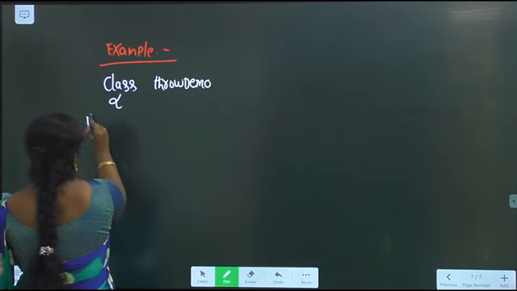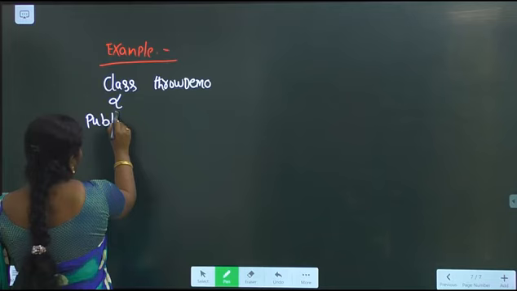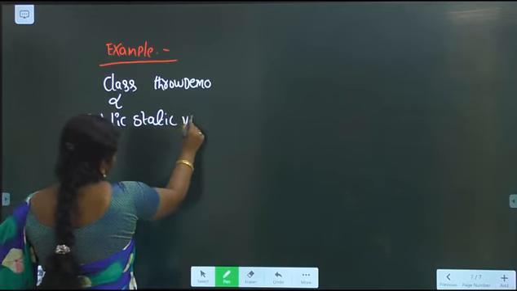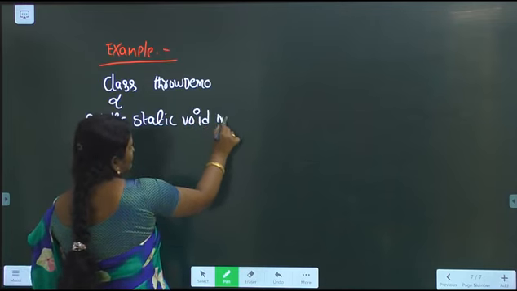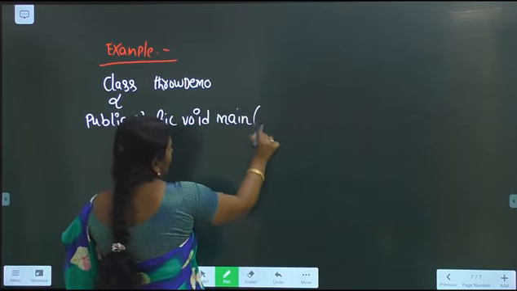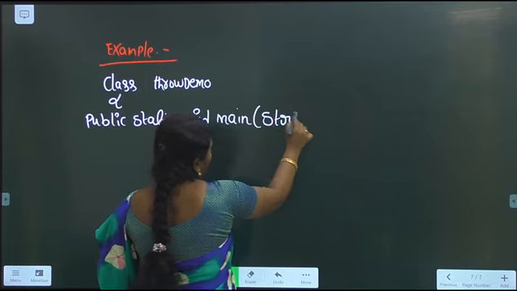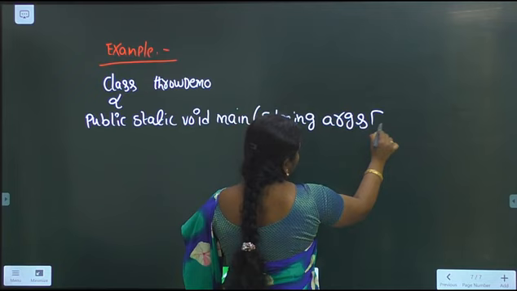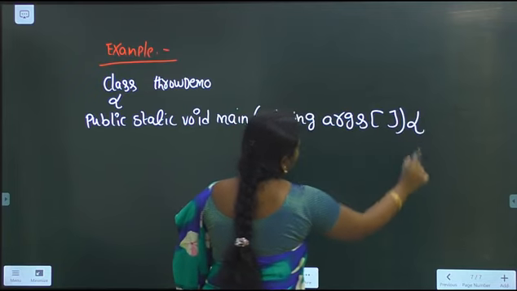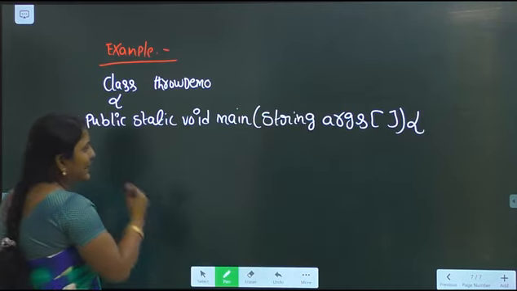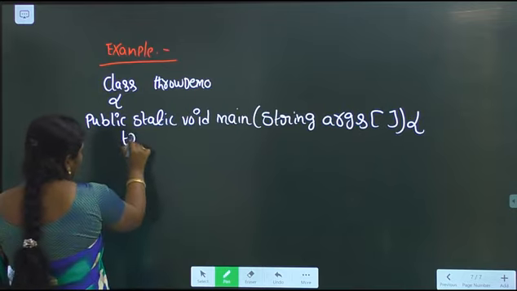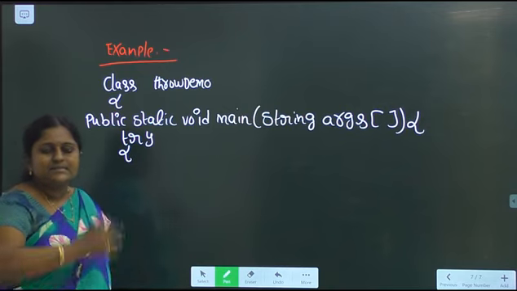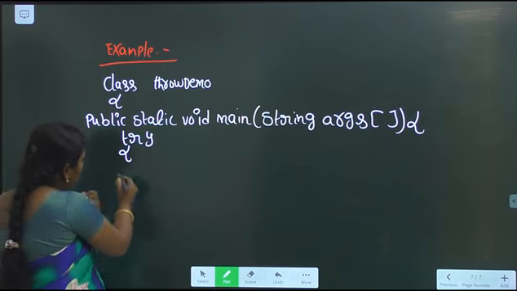After that, the main method: public static void main, String args array. After the main method, I am writing a try block. What is the syntax for explicitly raising an exception? Throw.